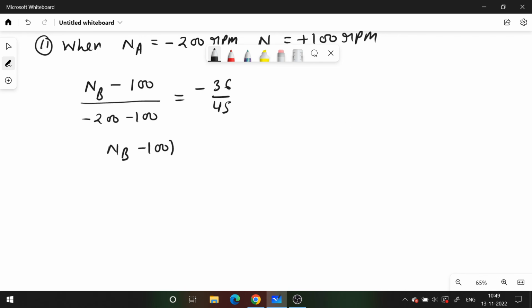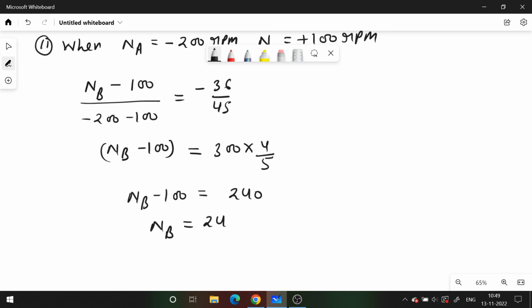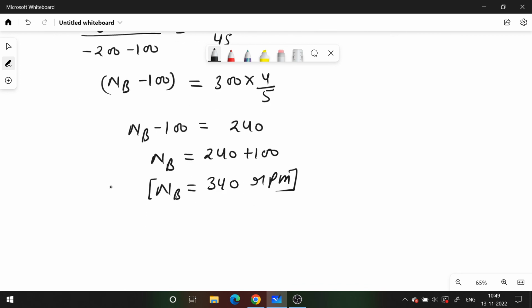NB minus 100 is equal to 300 into 4 by 5, so NB minus 100 is equal to 240. So the speed of gear B will be 240 plus 100, equal to 340 rpm. Here the rotation of gear B is positive, so the rotation of gear B will be in counterclockwise direction.